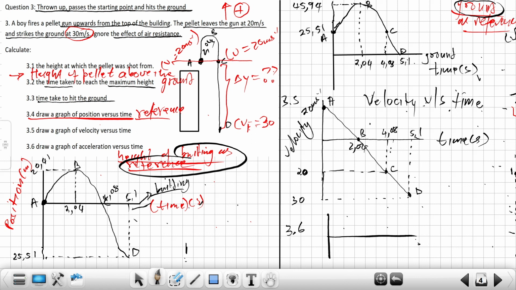So I will have my value here, which is 9.8. Remember, it's just a constant. Then it will be the same throughout until we reach 5.1 seconds. So this is now time in seconds. And then this is acceleration. And then that is our time.